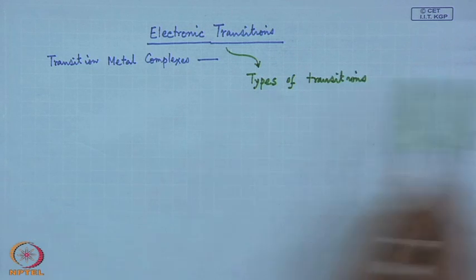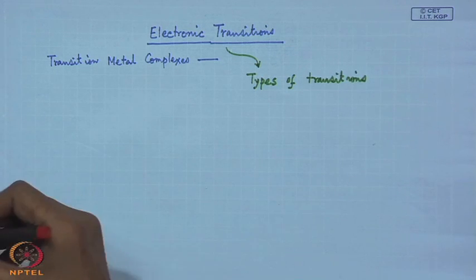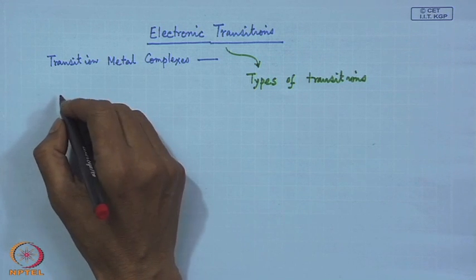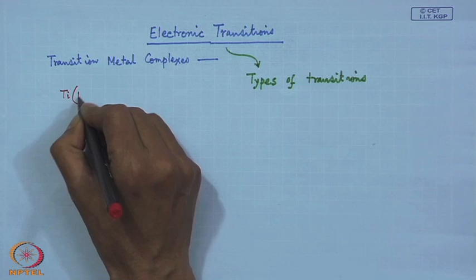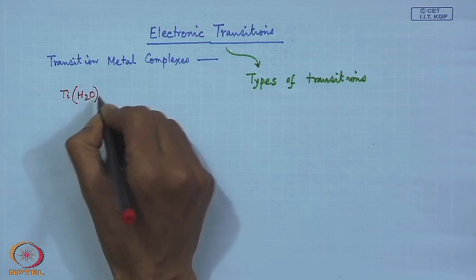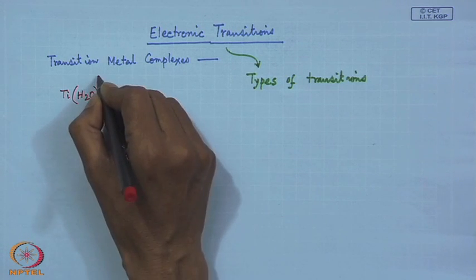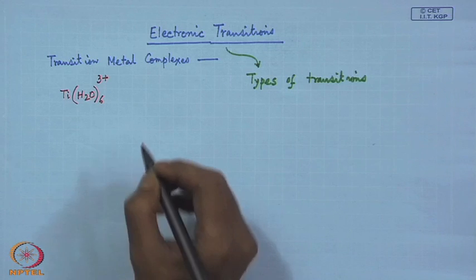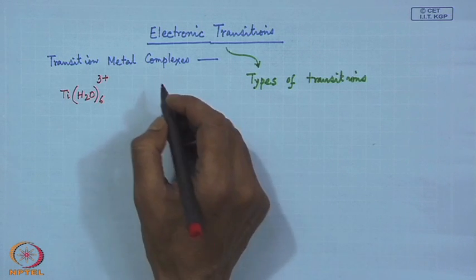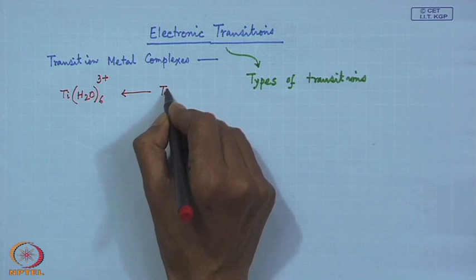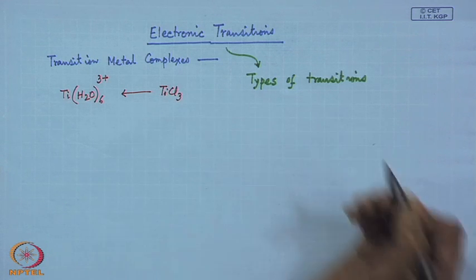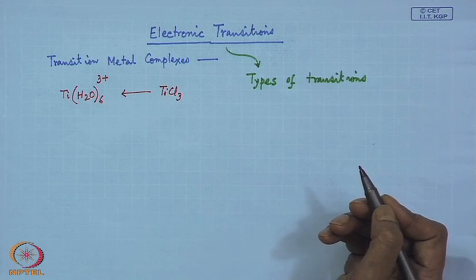and if we consider several such species, including the metal salt which we can dissolve in water to get the corresponding species immediately, such as hexaaquatitanium(III) ion, which can be derived very nicely from the corresponding titanium chloride salt.